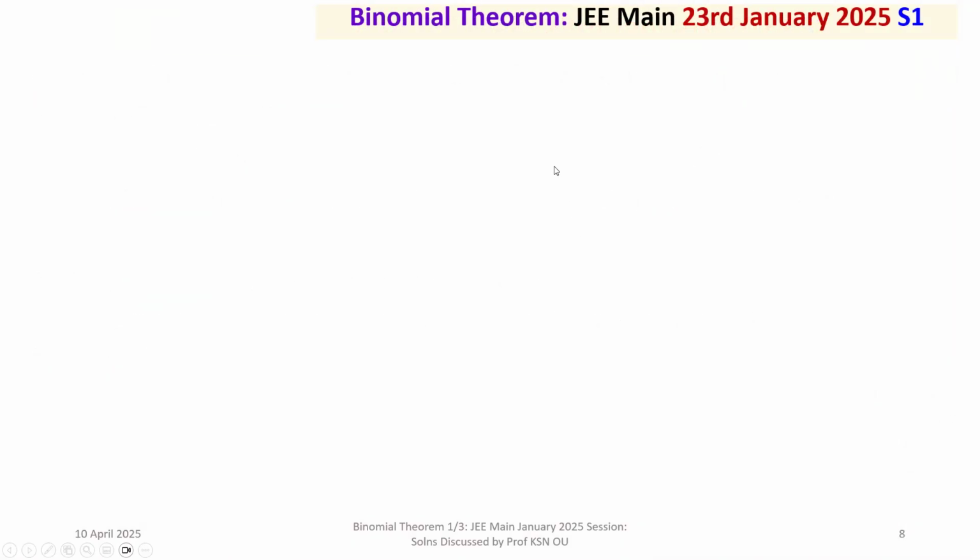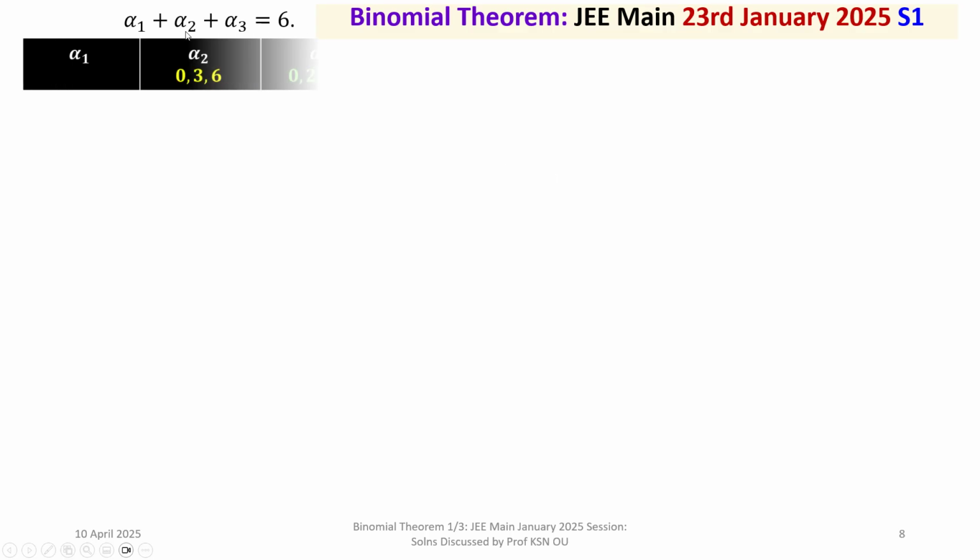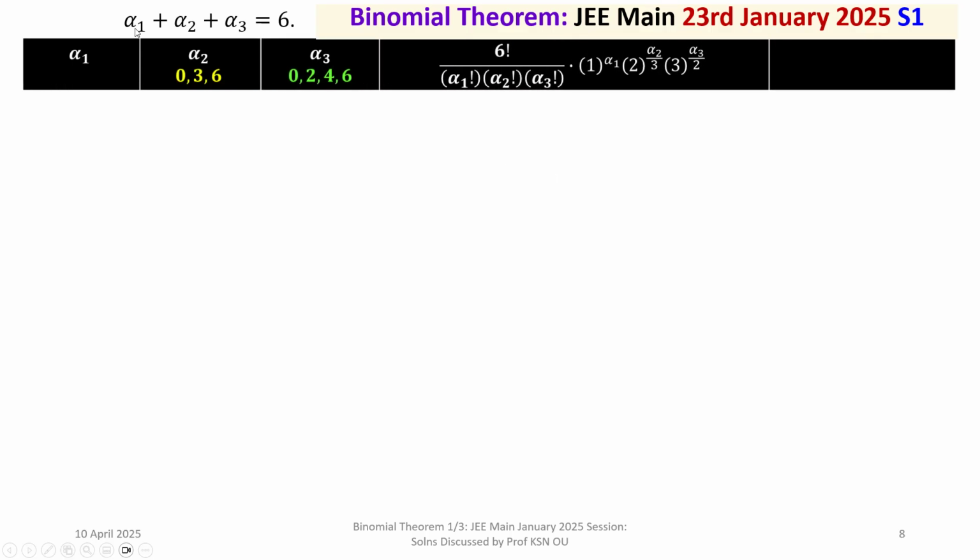Right. So, we take alpha 1, alpha 2, alpha 3 such that they are non-negative integers and alpha 1 plus alpha 2 plus alpha 3 is equal to 6. Here we have a tabular form ready-made for you, alpha 1 and alpha 2. What should be the choices for alpha 2?